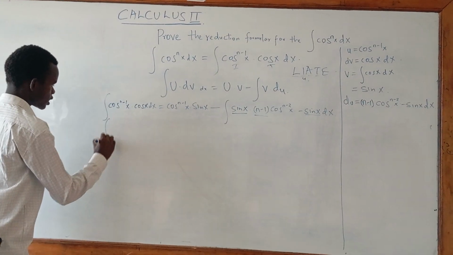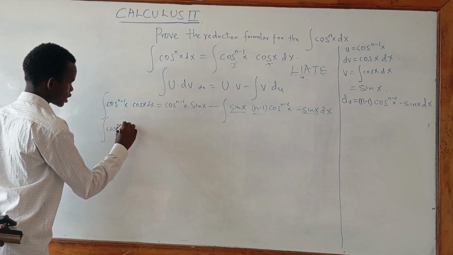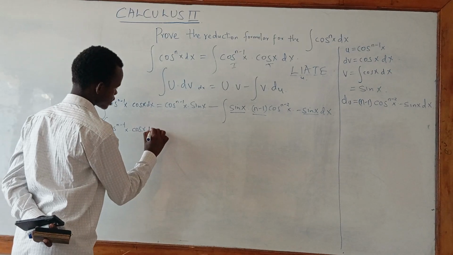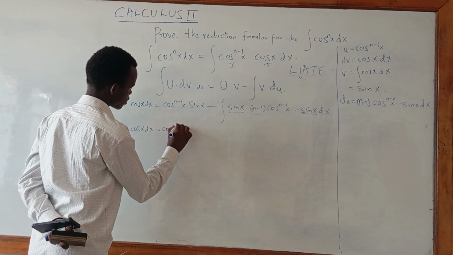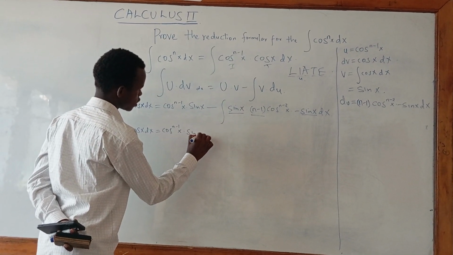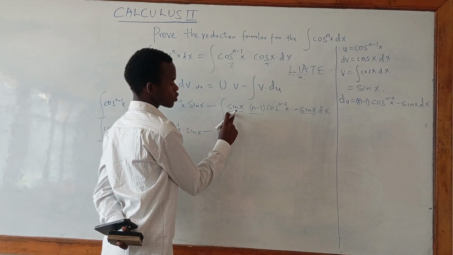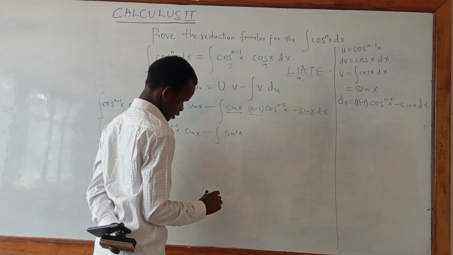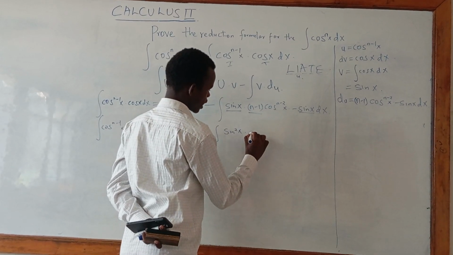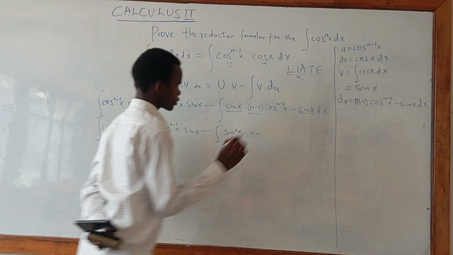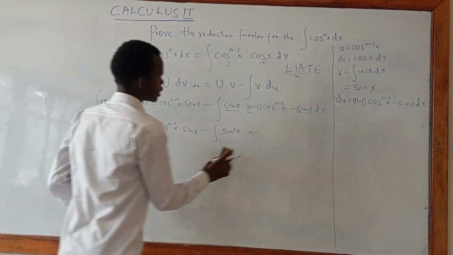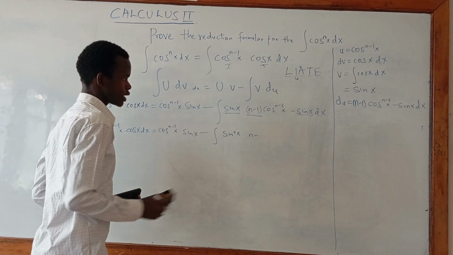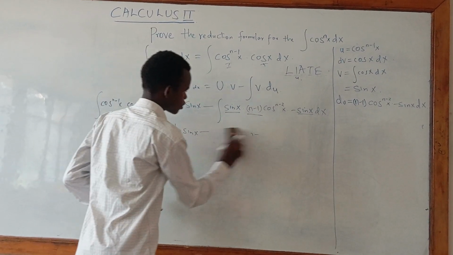So let's substitute. The integral of cos to the n minus 1 of x multiplied by cos x dx equals cos to the n minus 1 of x multiplied by sine of x, minus the integral of sine squared of x multiplied by n minus 1. We said these are constant terms inside the integral, so we take them outside the integral.